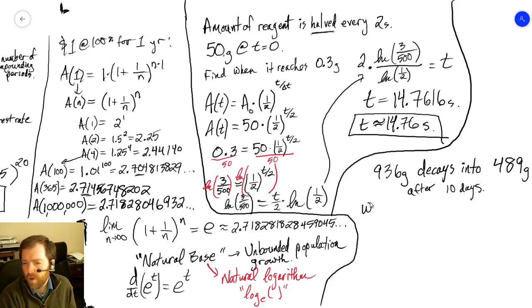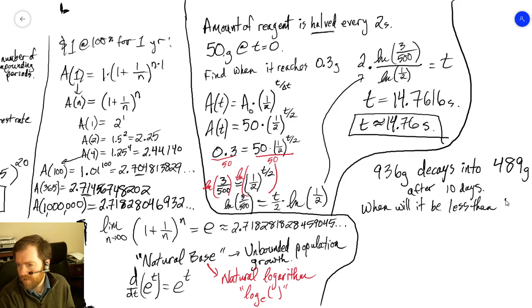You want to know when will it be less than, let's go with, 10 grams. So this is some radioactive element. You have no idea what it is. Compound even. No idea what this is, but 936 grams decays into 489 grams after 10 days. When is it going to be less than 10 grams?